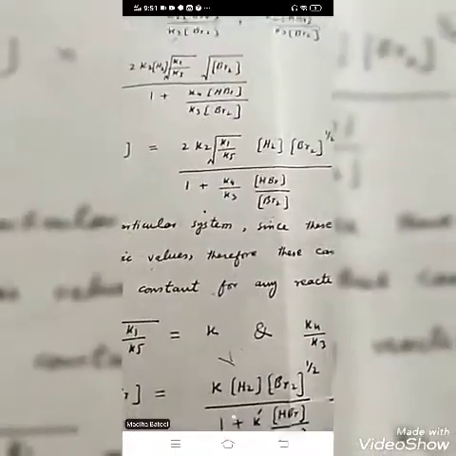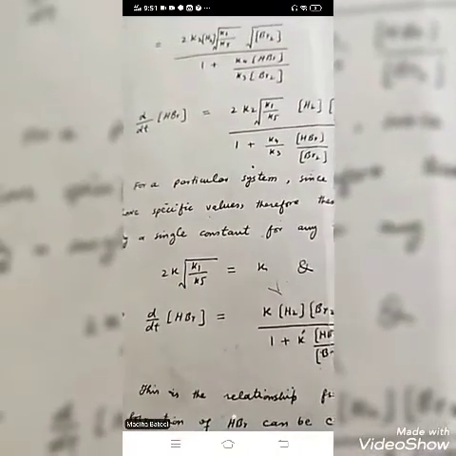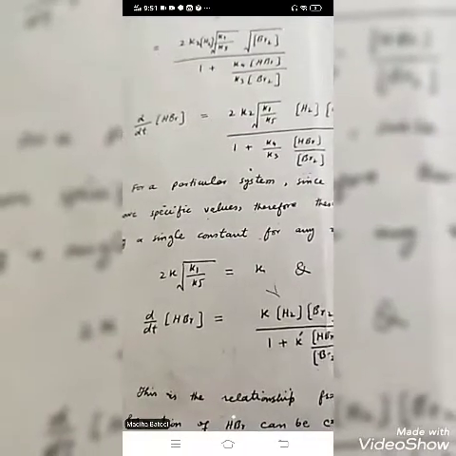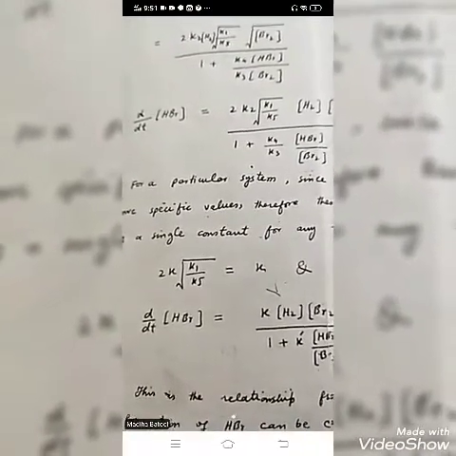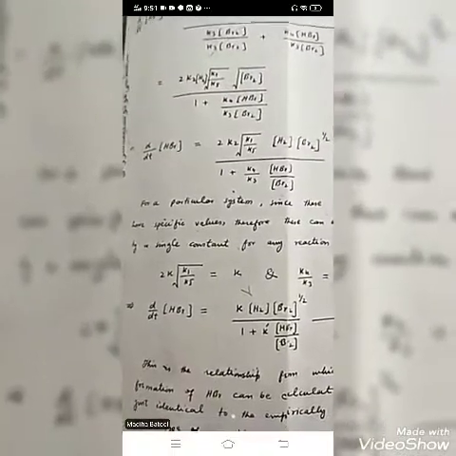Now the remaining part will be 2 K2 H2 root of K1 divided by K5 Br2 over 1 plus K4 HBr divided by K3 Br2. I think it looks a little complicated, but when you solve it the first time, then calculations will be at your fingertips. If you follow the steps and the scheme, then these whole calculations are very easy. Sorry for the problem. Okay, I hope that you will understand. From here, follow the next step.